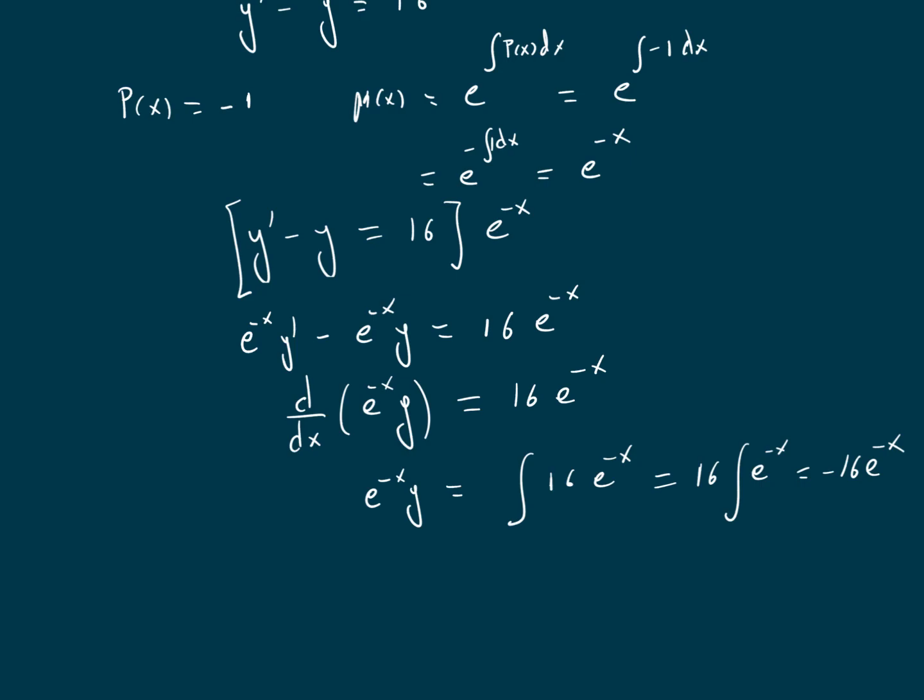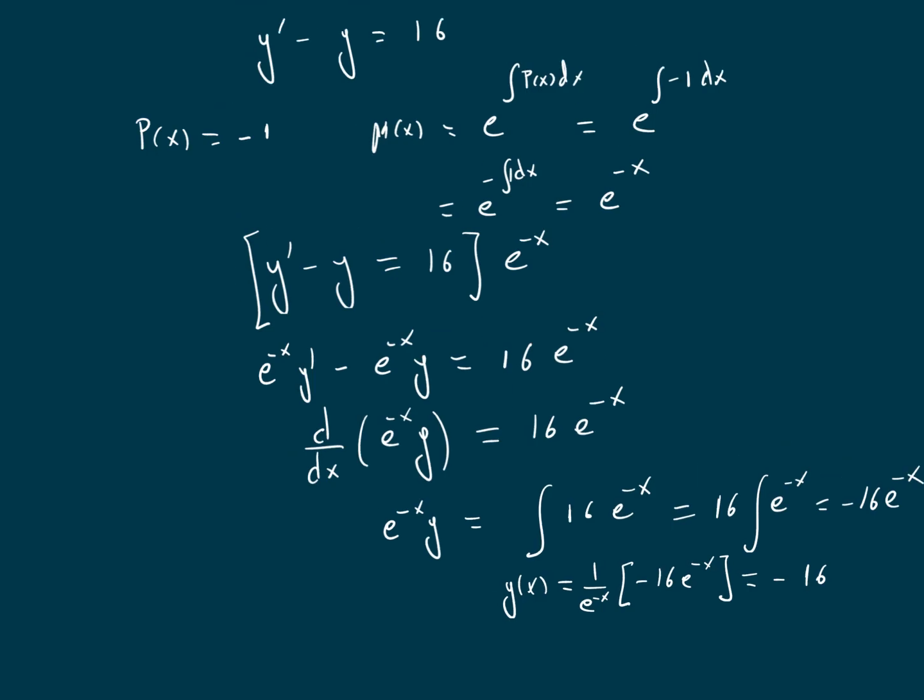So what will be the solution? The solution will be y of x equals 1 divided by e to the minus x, multiplied by minus 16 e to the minus x. So the solution will be minus 16, and the solution is done, and we can check.